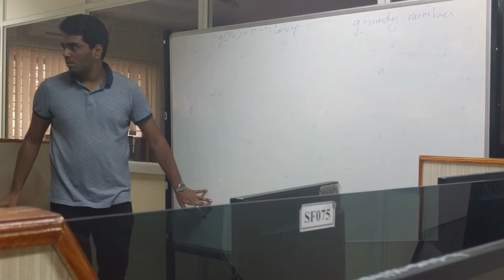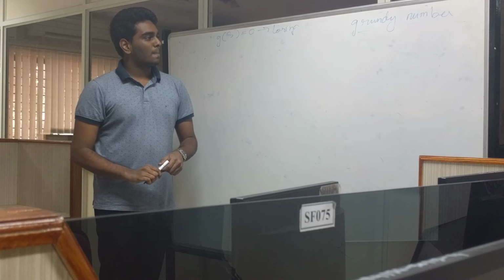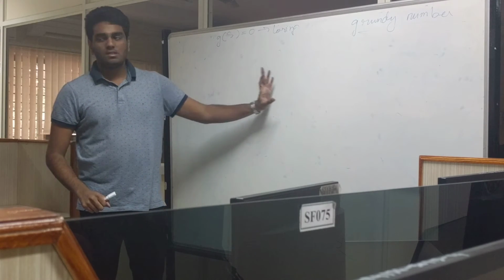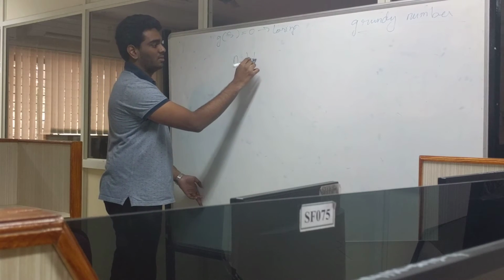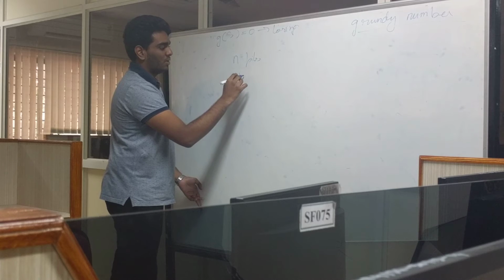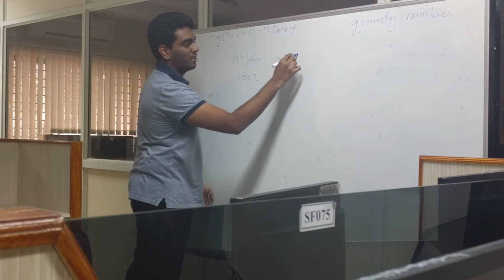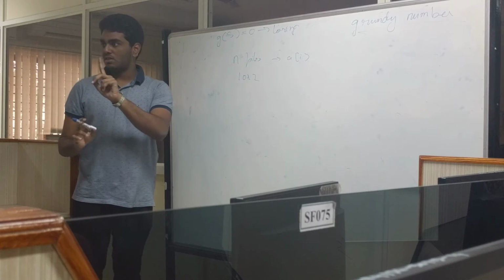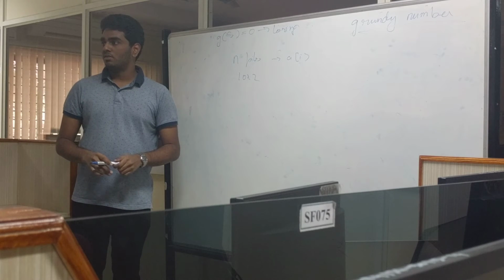Okay, so let's go back. I'll just tell you the theorem here. If you have n piles, each pile having a of i coins, you can remove 1 or 2 coins from a single pile in each turn.